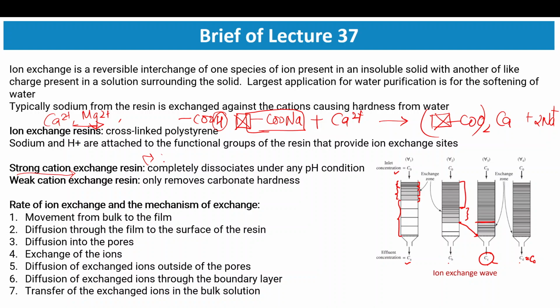And this includes SO3, any resin which has sulfate ions, or sodium sulfonate. Another class of resins are weak cation exchange resins, which are only able to remove carbonate hardness.